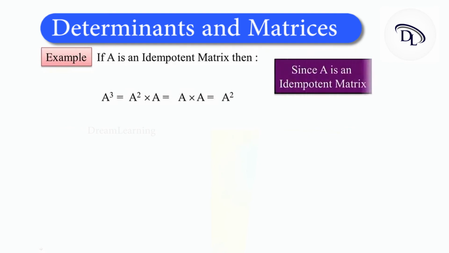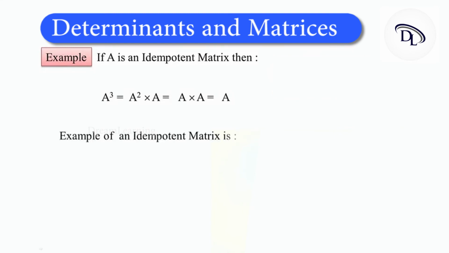Again, A is an idempotent matrix, so A square is A. So A cube can be written as A. So for any integer n, A to the power n is A in the case of an idempotent matrix. An example of an idempotent matrix is this: 1, 0, 0, 1. If we square this matrix, we again get 1, 0, 0, 1, which is A.